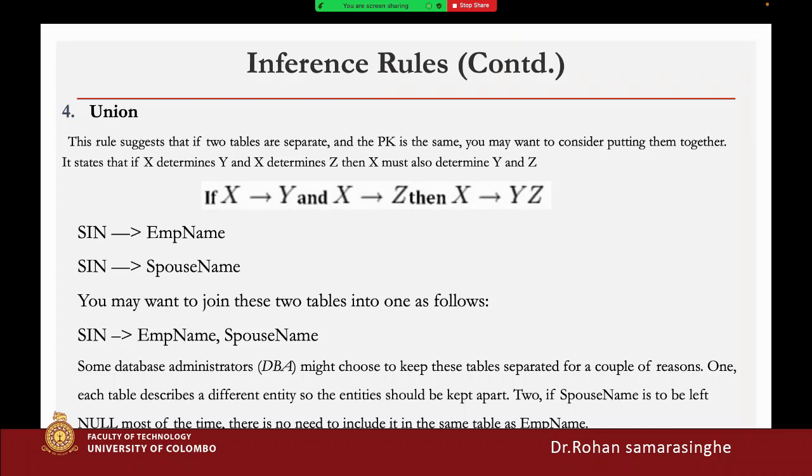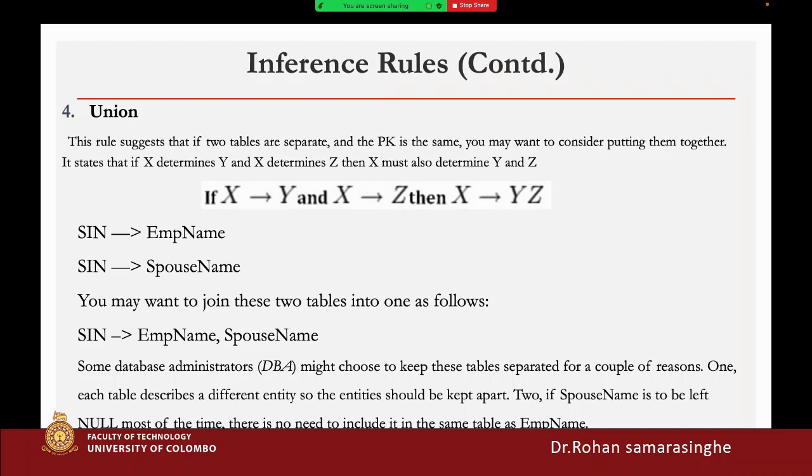From the SIN employee name and SIN spouse name, you may want to join these two tables into one table, having one key with these two attributes, employee name and spouse name. Some database administrators might choose to keep these tables separated for a couple of reasons.